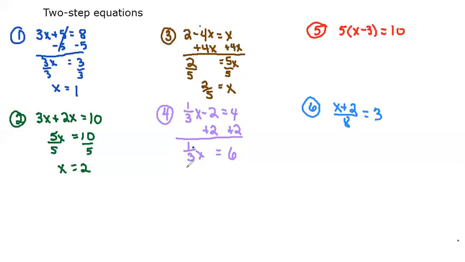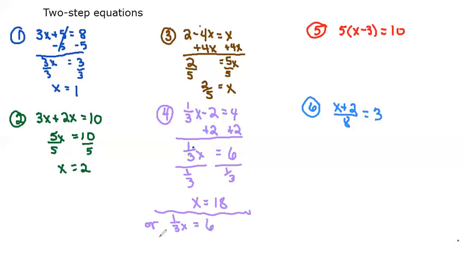Okay, so a lot of you are going to do this. Divide by 1/3. All right, and now you're going to have to put that in a calculator. Okay, and what you should find is that you end up with 18. Okay, this was the step we were at.